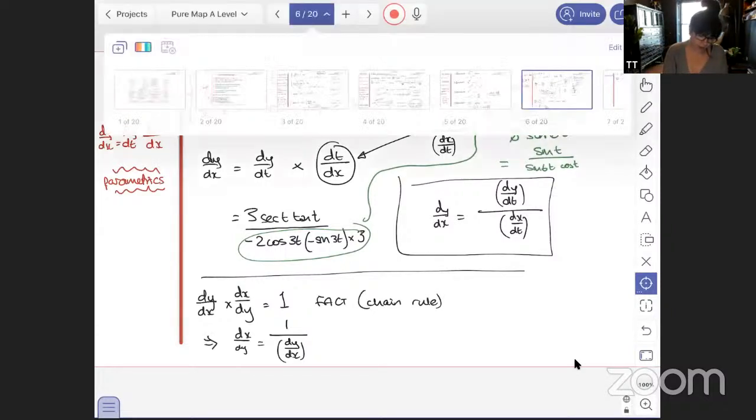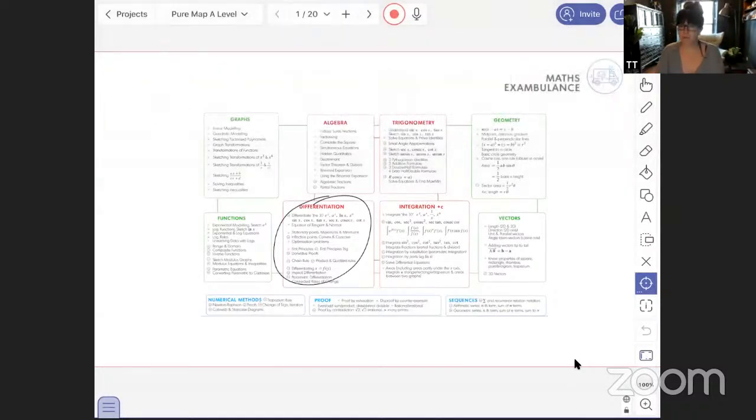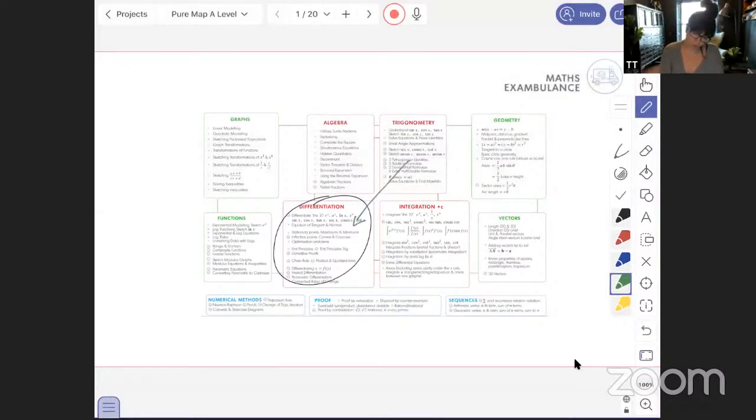And this goes back to what I said right at the beginning of the week, that the red things are the most important, that actually when you are doing differentiation, you are pulling in all of your trig and all of your algebra. And when you do integration, you are pulling in all of your differentiation and all of your trig and all of your algebra. So the other things around the outside, they're kind of standalone, and the things at the bottom don't really matter at all in terms of the number of marks or how long they take to learn.